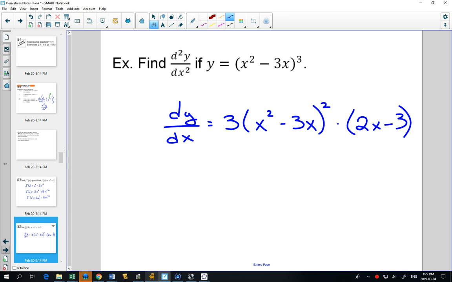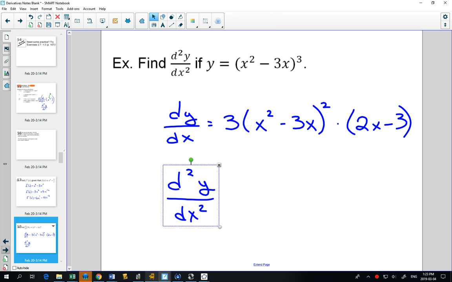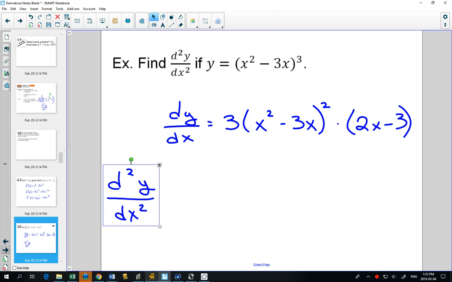And now, if I wanted to use that to find my second derivative, what rules would I have to use? Would I have to use chain rule again? Yes. And product rule. Can you see that I have two things multiplied here?